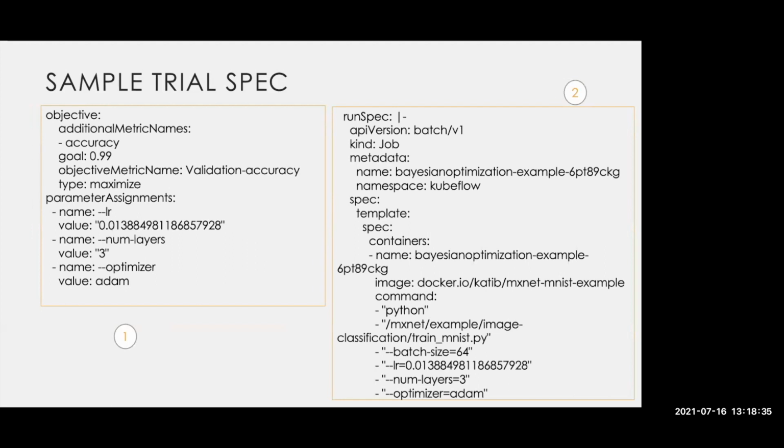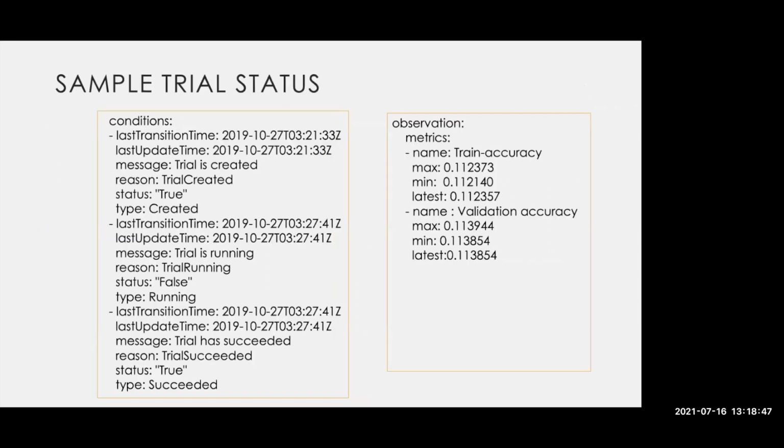But here on the right, you could see that it got replaced by the real values which are generated from the suggestion. So once a trial is completed, the max, minimum, and the latest values for the objective metric name as well as the additional metric name are recorded. So here there were 2 metrics which are collected, and these are the values which are emitted out. I'll show in the example how that actually works.